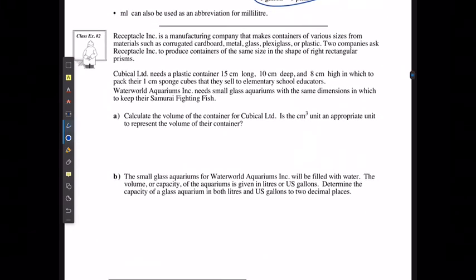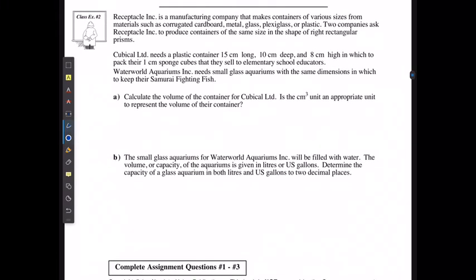So, for example 2, Receptacle Inc. is a manufacturing company that makes containers of various sizes for materials such as corrugated cardboard, metal, glass, plexiglass, or plastic. Two companies ask Receptacle Inc. to produce containers of the same size in the same shape of a right rectangular prism.